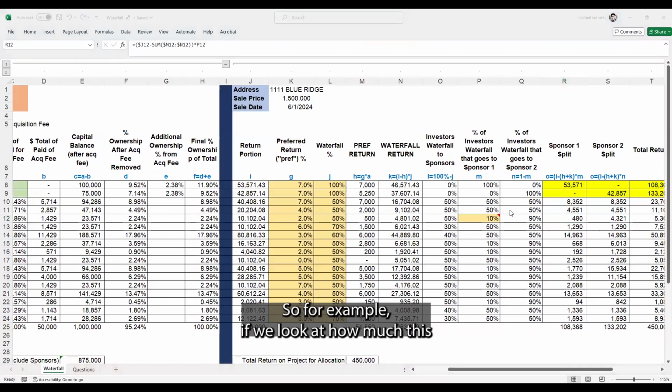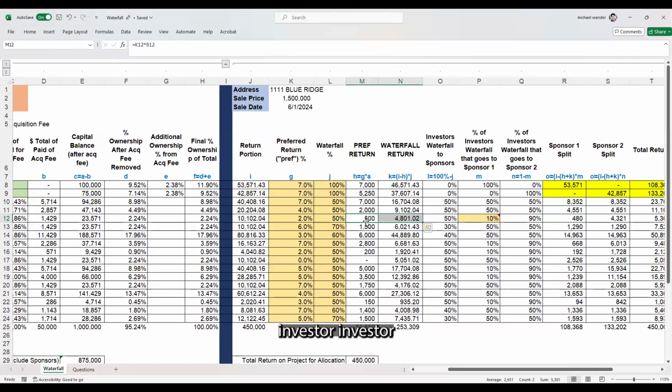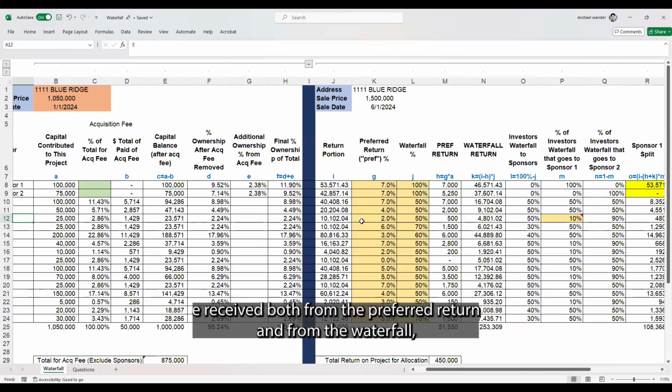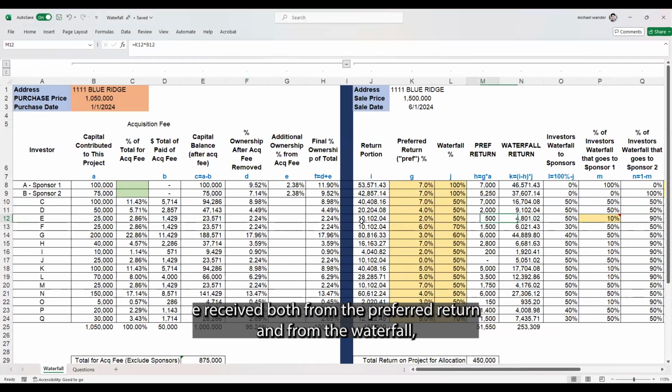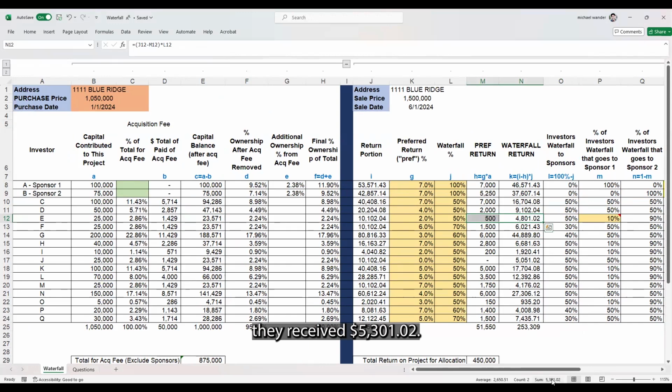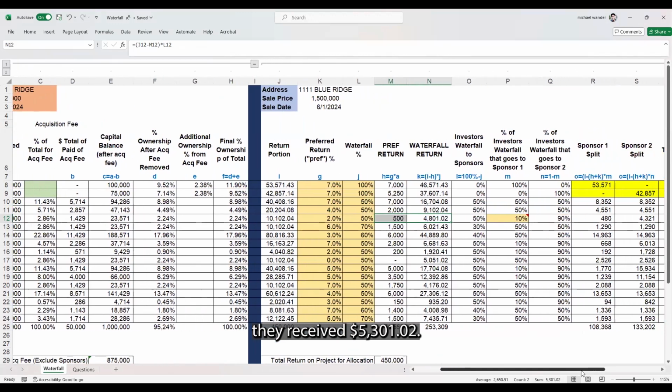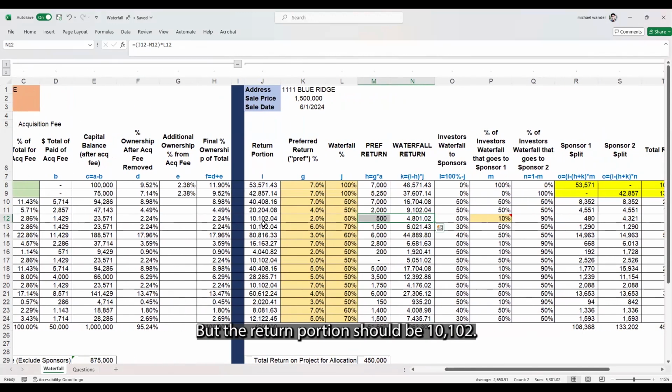And so for example, if we look at how much this investor E received both from the preferred return and from the waterfall, they received $5,301.02. But the return portion should be $10,102.